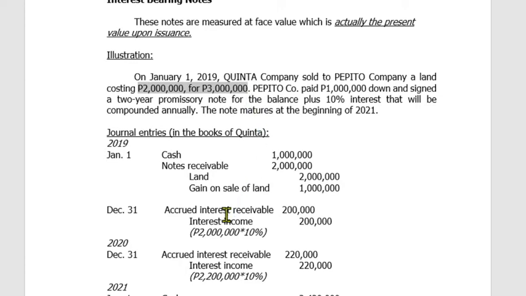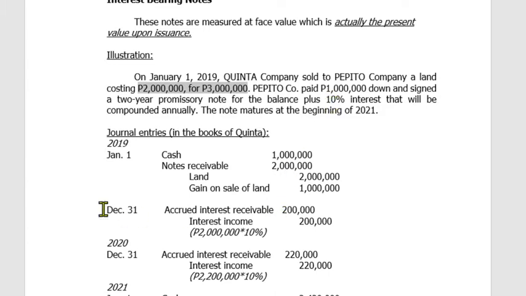So, for December 31, the accrued interest receivable is 200,000 and the credit is interest income 200,000. So, how do you compute for the interest? Diba sabi kanina, yung balance na 2 million ay merong interest na 10% per year. So 2 million times 10% is 200,000.